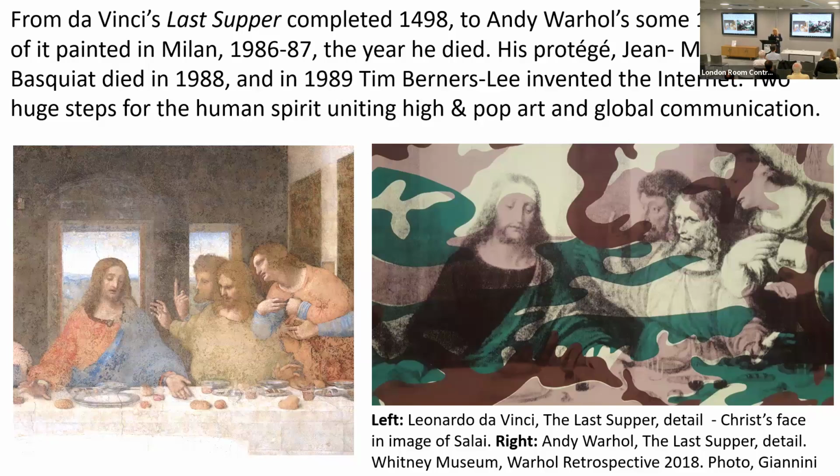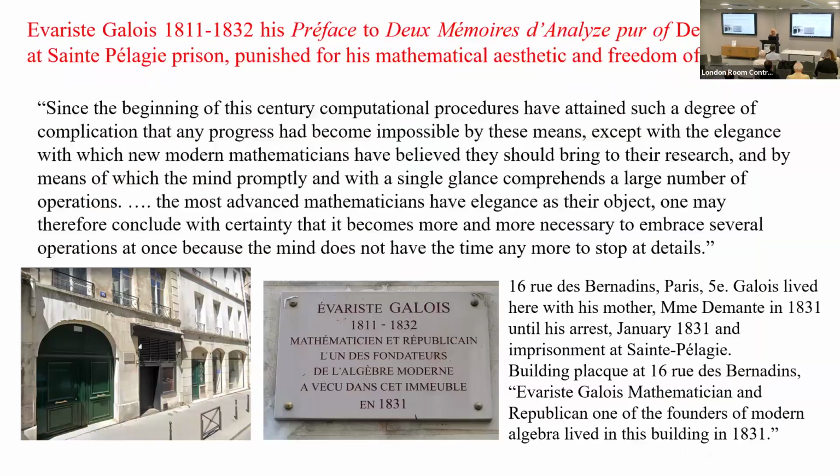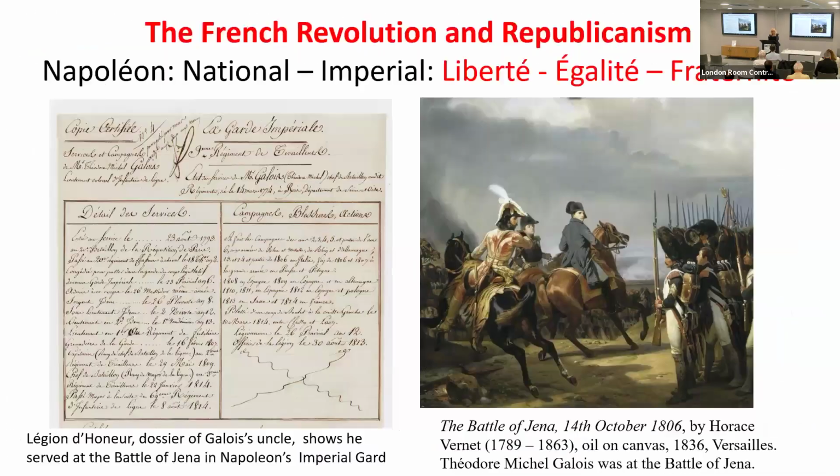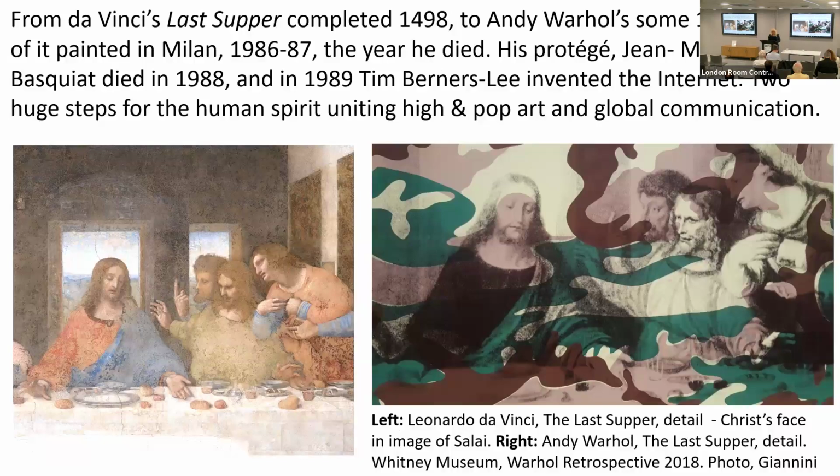I'll read this little section because he was at the church that's right across, maybe that's in my next slide. Yes, okay.